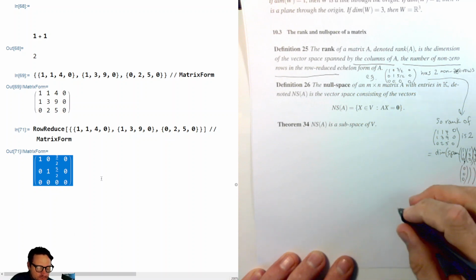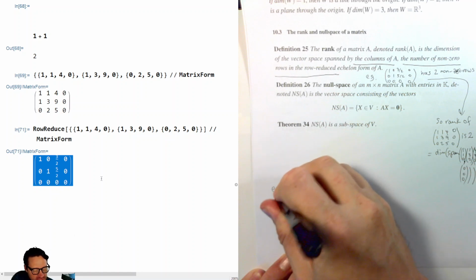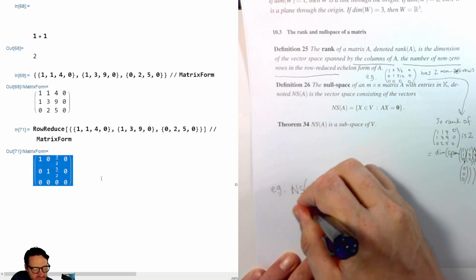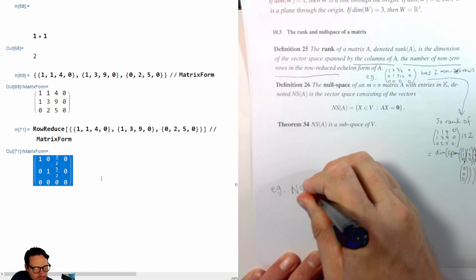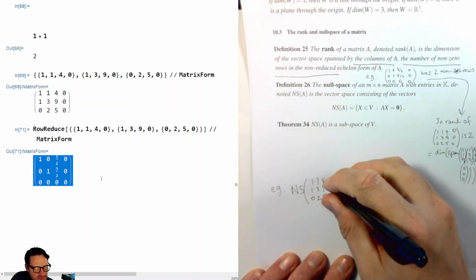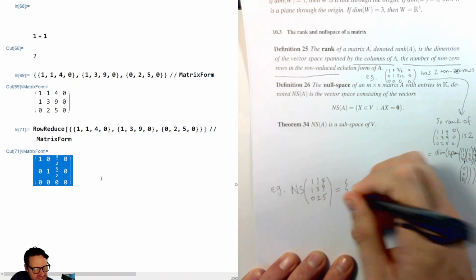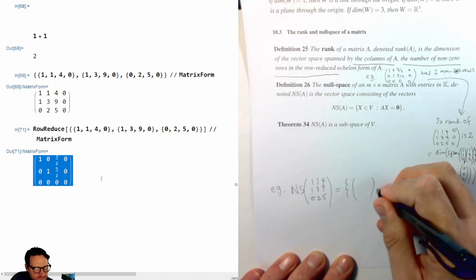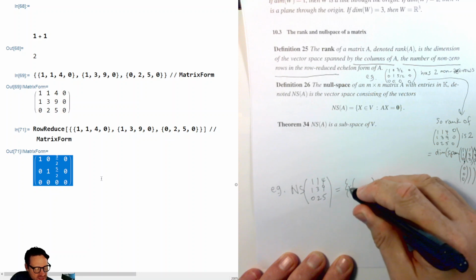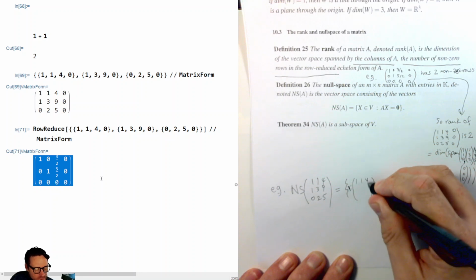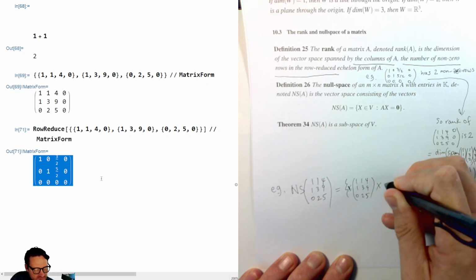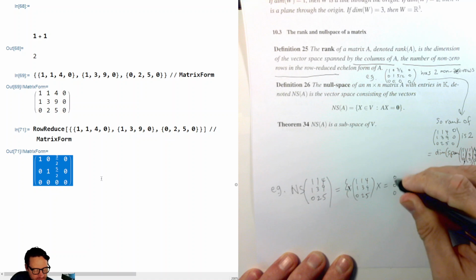So now, for example, let's write it again, referring to this. The null space of the matrix 1, 1, 4, 1, 3, 9, 0, 2, 5 is equal to the set of all vectors X such that the matrix times X is equal to the 0 vector.